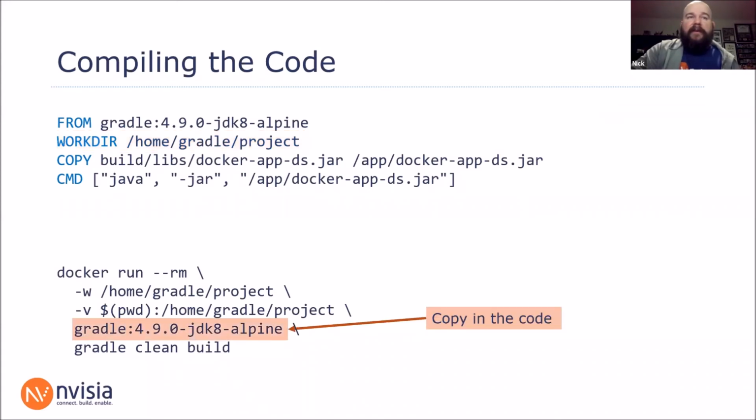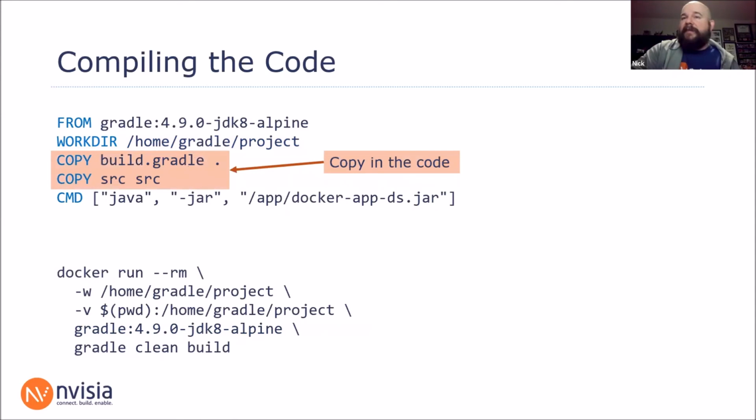We're going to copy in the code. So we're going to get rid of copying in the jar file because we're going to build the jar file. Here we're going to do the copy as 2 steps. We're going to copy in the build Gradle file first and then the source next. The reason why this is broken into 2 steps is that if there are actions I want to take on the Gradle file itself, and you see this more with package.json when you're dealing with Node, I can add all of my dependencies and cache them before I do anything with actually trying to transcompile my code.